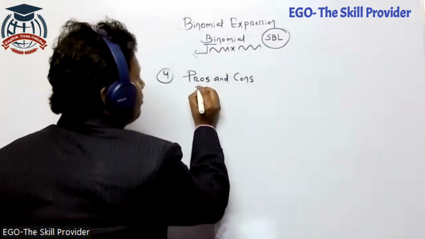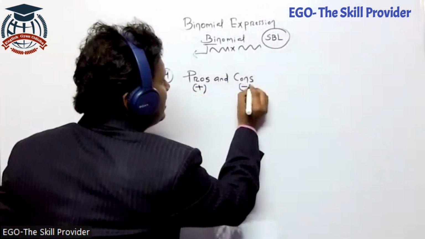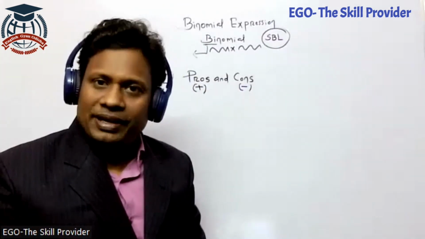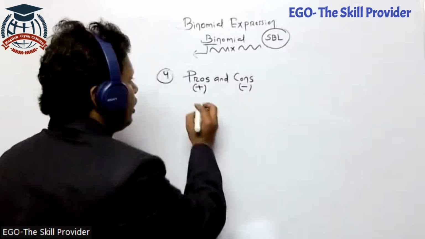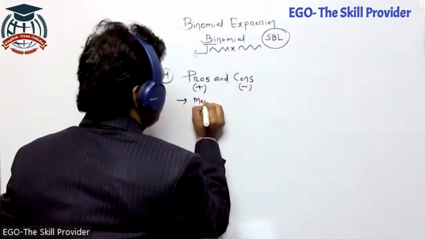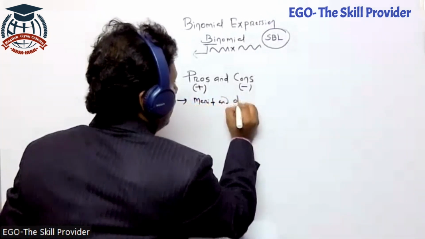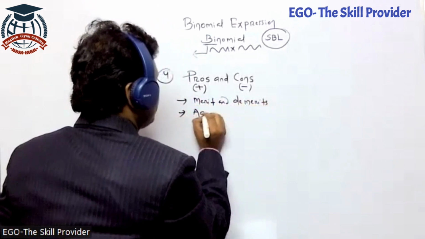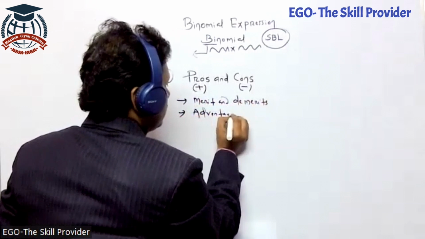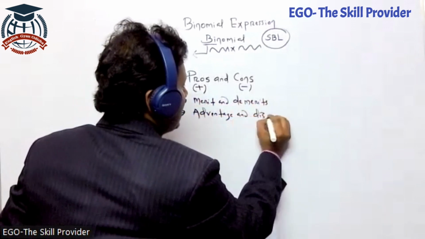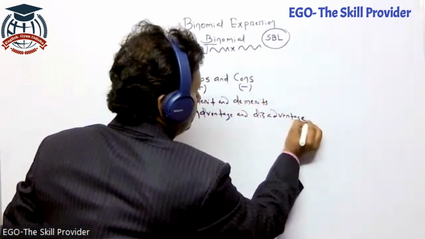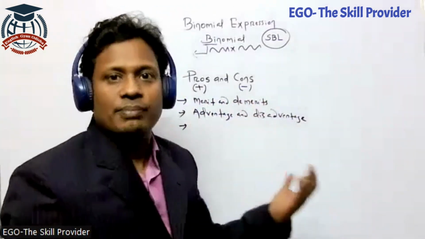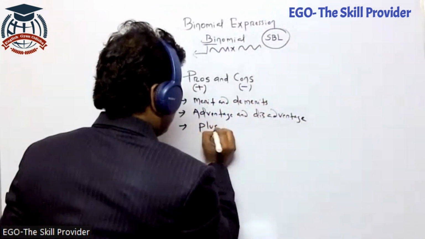Whenever I say pros, this is something called positive. And cons means negative. You can say positive, negative, advantage, disadvantage, or merits, demerits, or you can say plus and minus.